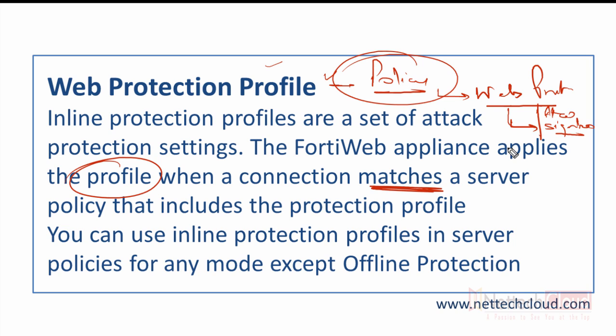And there are some other settings also, like if we want to restrict HTTP methods, right? Because generally post method, get method, head methods are allowed. Other HTTP methods could be dangerous, like delete, put, trace, right?